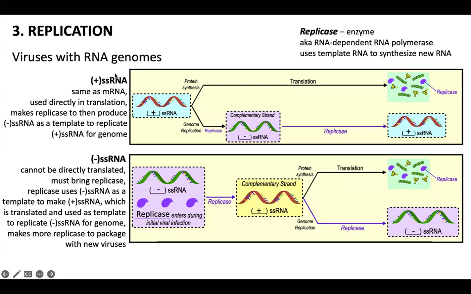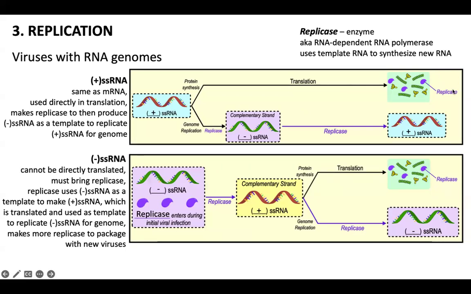So we already mentioned the positive single-stranded RNA is the same as messenger RNA. So this one is very easy to just go right to translation. And one of the proteins that it's going to make during translation, in addition to the capsids, is replicase.